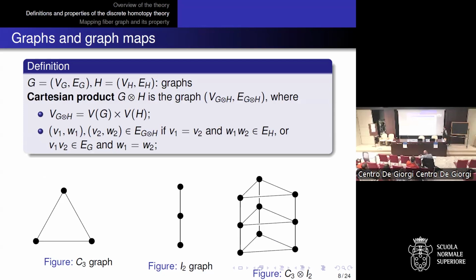And for two vertices (V1, W1) and (V2, W2), these two vertices are connected by an edge if V1 equals V2 and W1 and W2 are an edge of H, or vice versa. So this is an example: if we take a triangle and a line graph, then the Cartesian product graph is like this. So this is the definition of the Cartesian product of graphs.